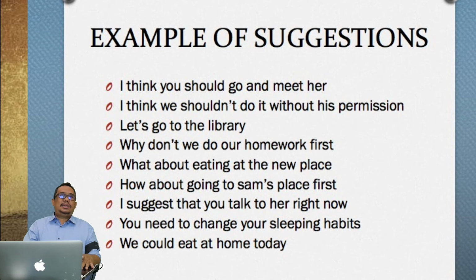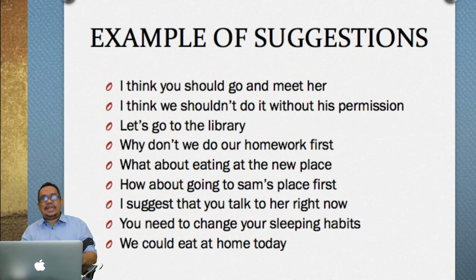Next, what about eating at the new place? What about? How about going? And remember, if you use the phrase what about or how about, you have to use the ing form, which means you put ing after your verb. For example, eat, you only add ing.